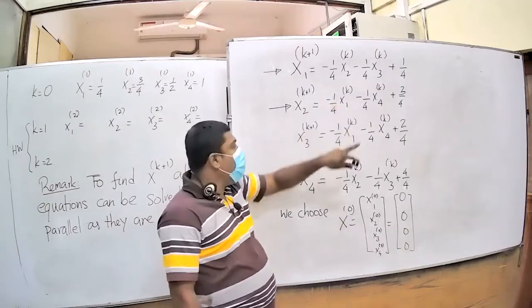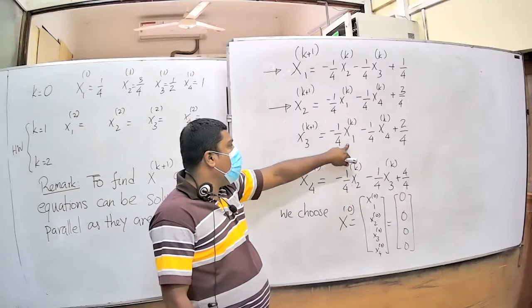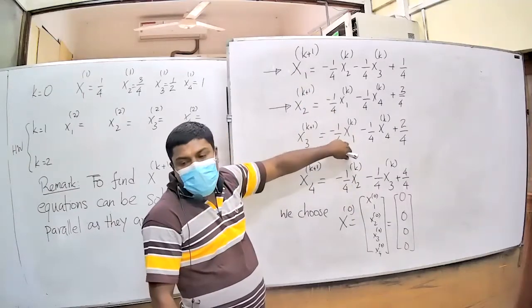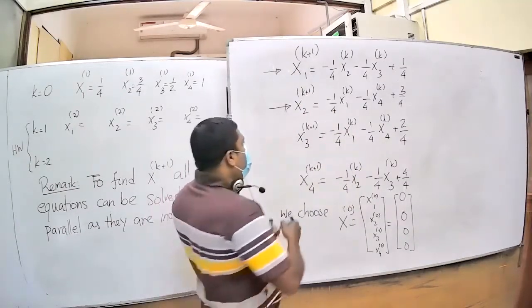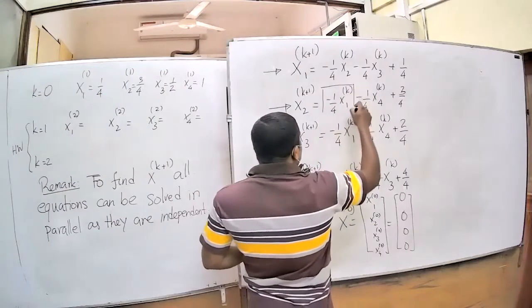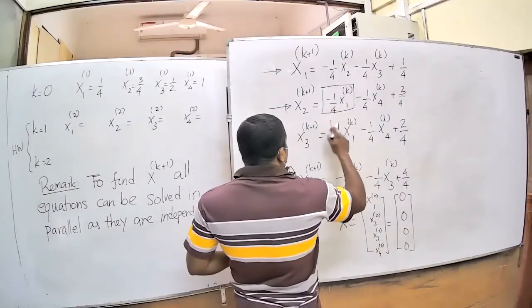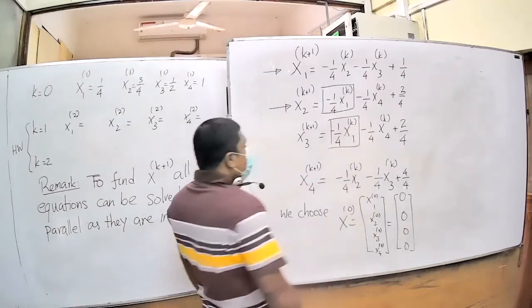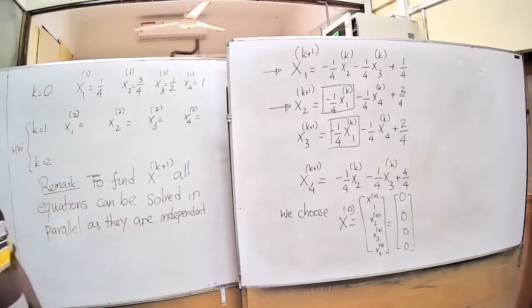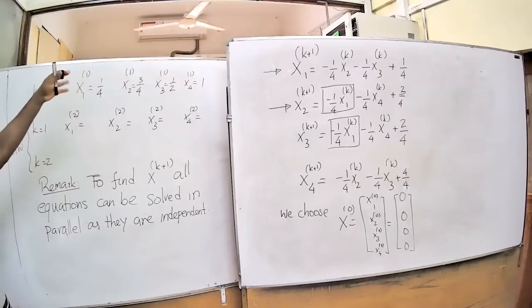Similarly, this x1 you can use this one. So that is the important part for the next step. So here you have x1 and x1 here, which are already calculated.